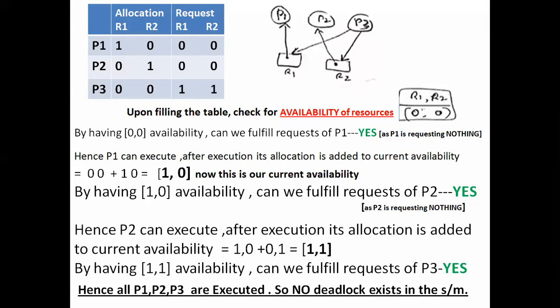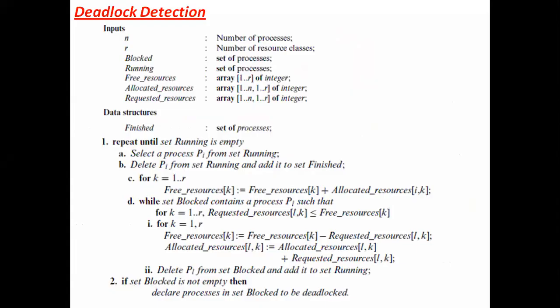Okay, so for those kinds of complex systems having many processes and many resources, we do need to have some algorithm so as to gauge whether the deadlock is existing in the system or not. So that can be called the deadlock detection algorithm. So we have an algorithm so as to detect the deadlock.